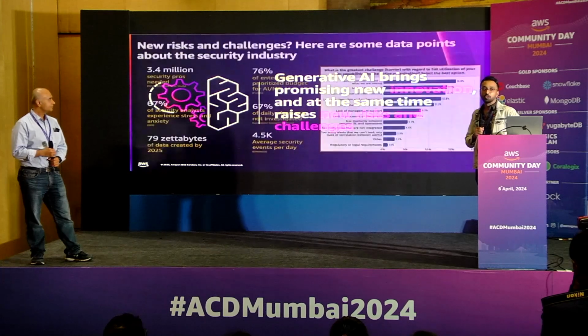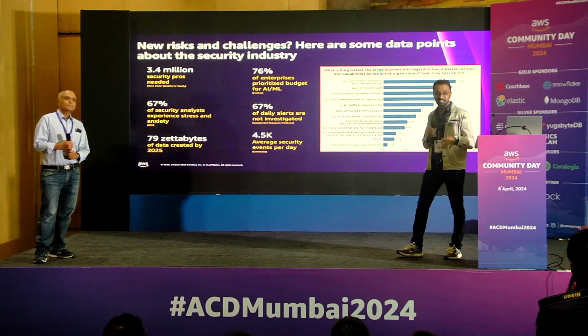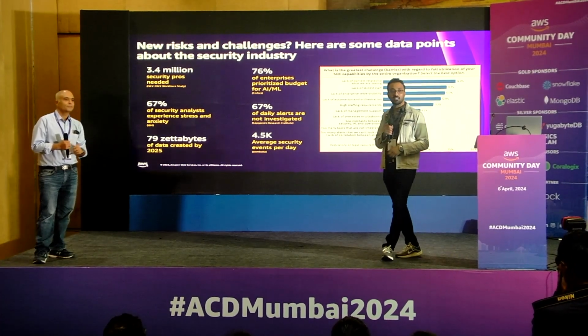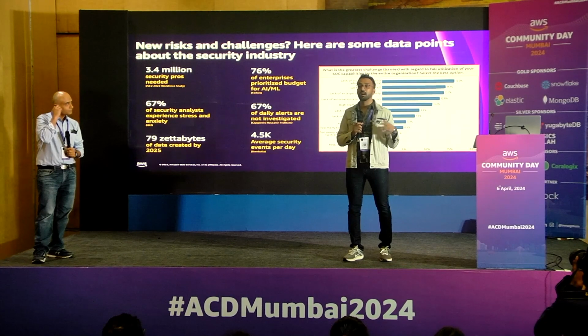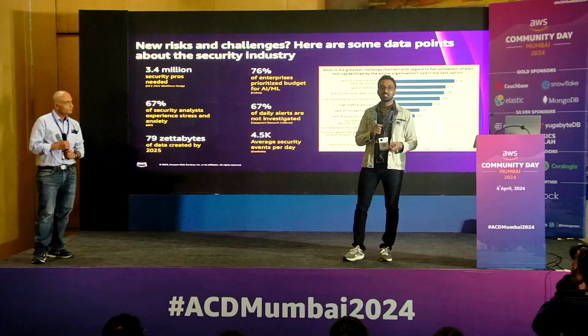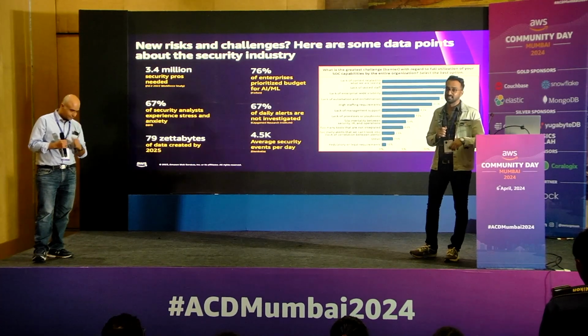Moving on to the next one, since I said the threats are going to increase, the risk is going to increase, but cybersecurity folks are already bombarded with work. You will say, Shashank, more risk, more things to do, more things to learn? Definitely yes.